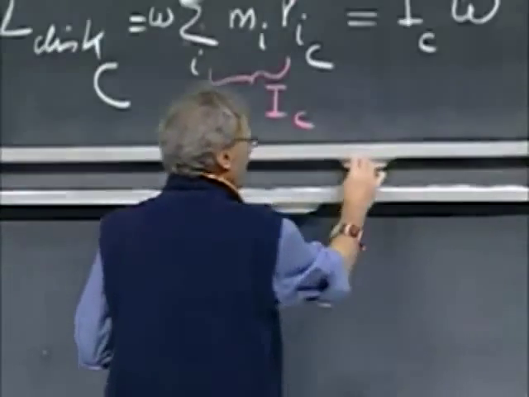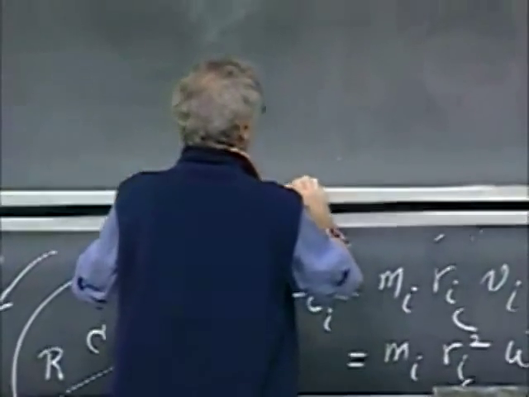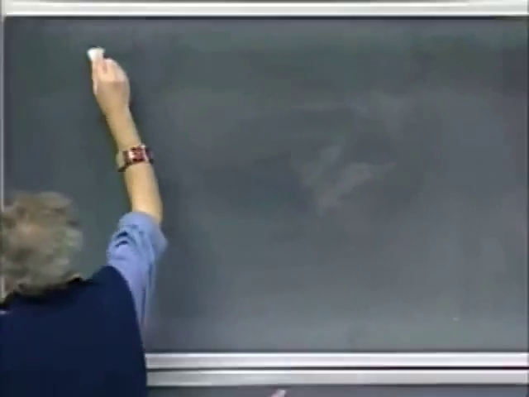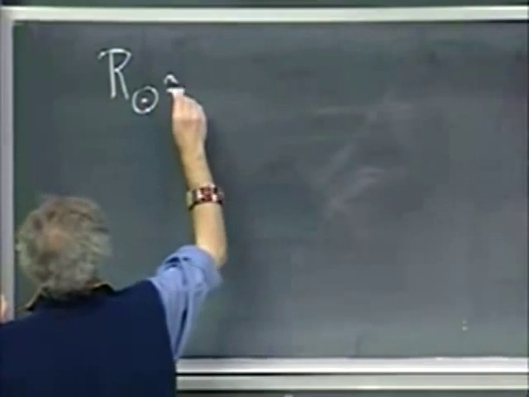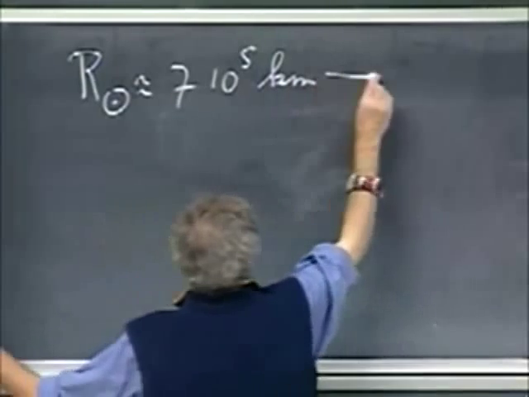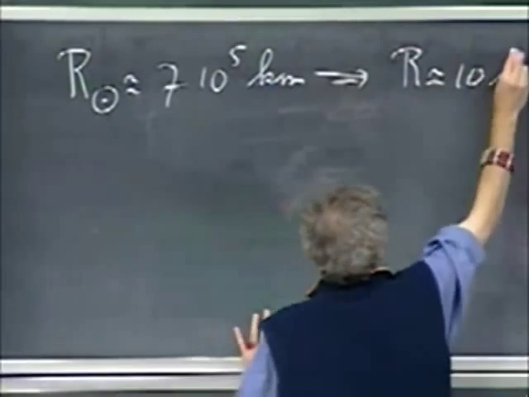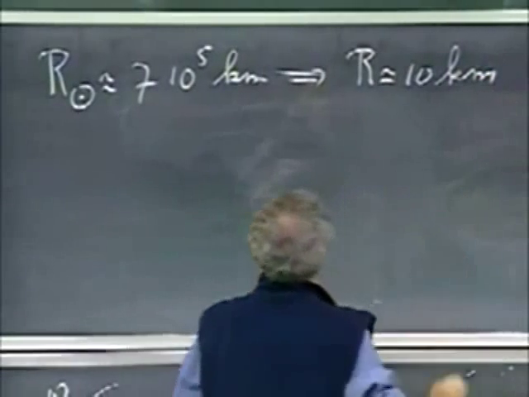It's just to get some feeling for the numbers. So we take an object like the Sun, which has a radius of about 700,000 kilometers, and we're going to collapse that to a neutron star which has a radius of about 10 kilometers.